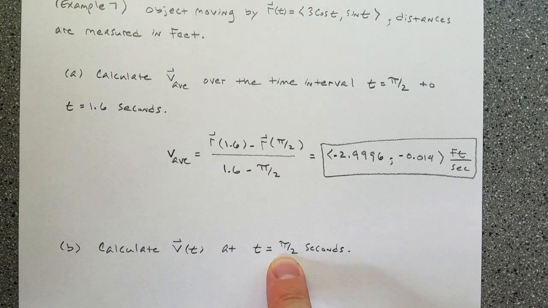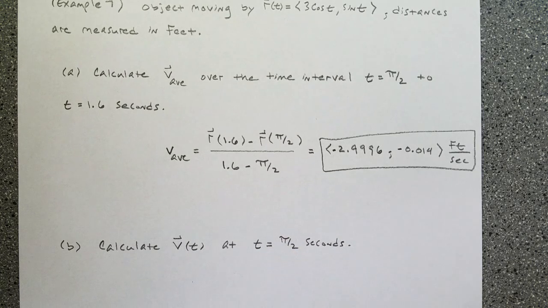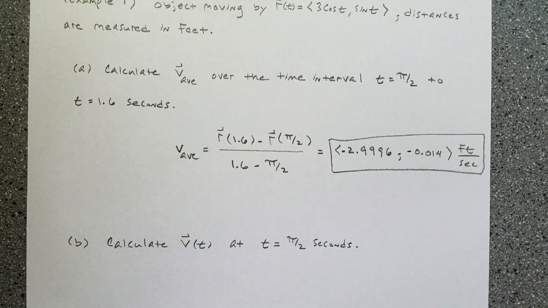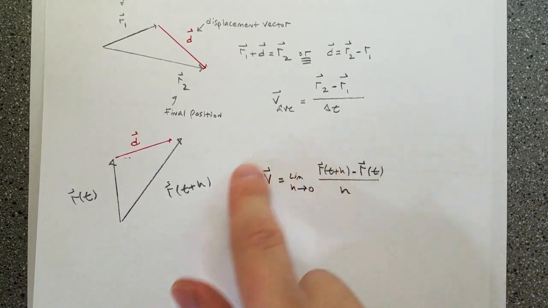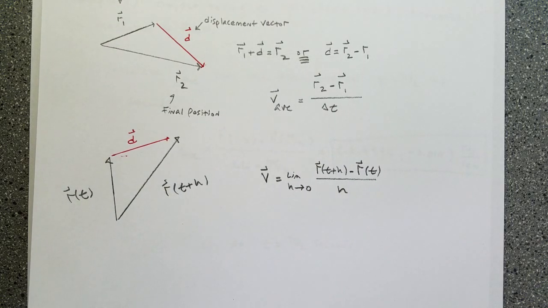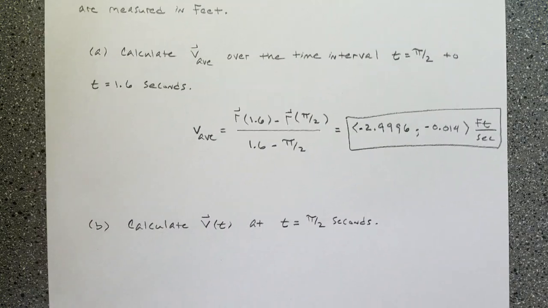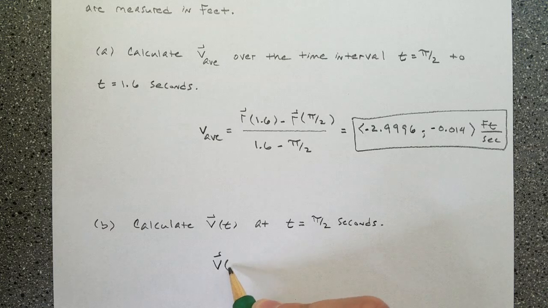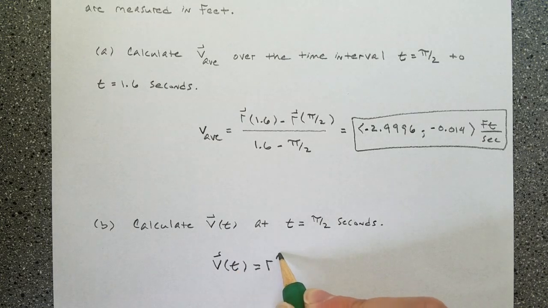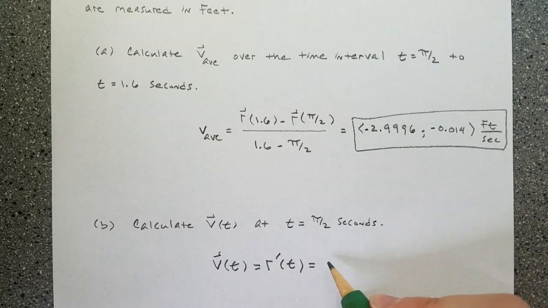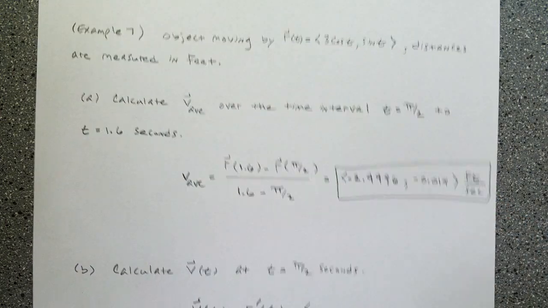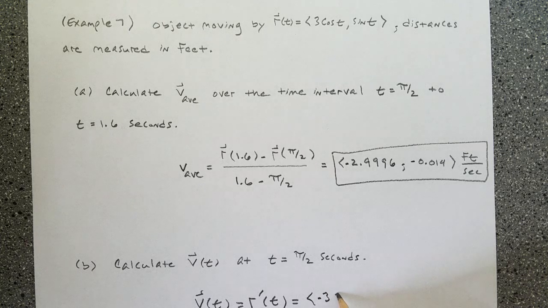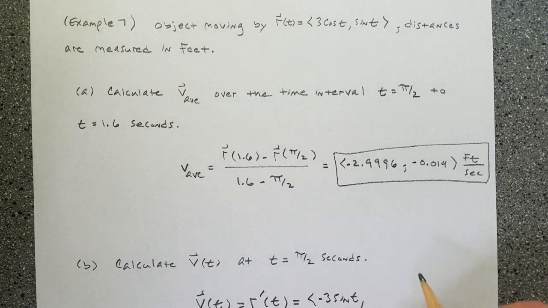Okay, so I say instantaneous, there's the instant. It turns out that even though this might make it look complicated, and I guess sometimes we have to do it that way if we don't have any other options, v of t is pretty easy to find. It's just r prime of t, which would be the component-wise derivative of that. So we get minus 3 sine t and then cosine t.